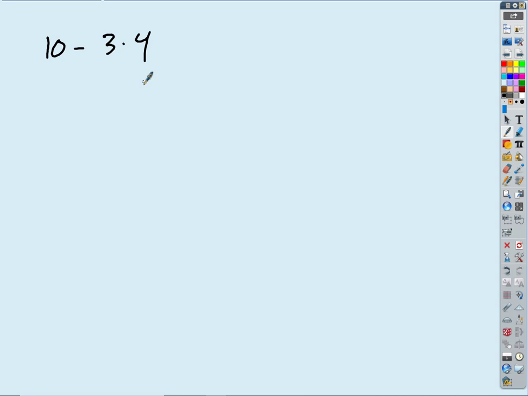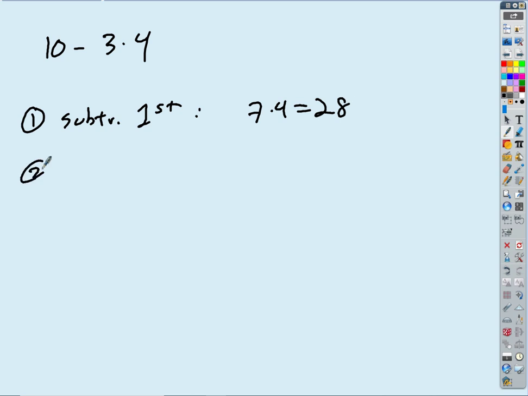And if we didn't have an organized scheme about this, like, what if I subtracted first? I would end up getting 7 times 4 equals 28. If I multiply first, I get 10 minus 12 equals negative 2.